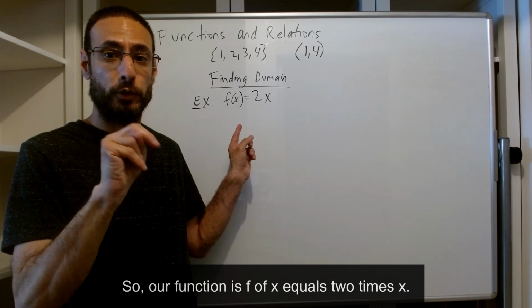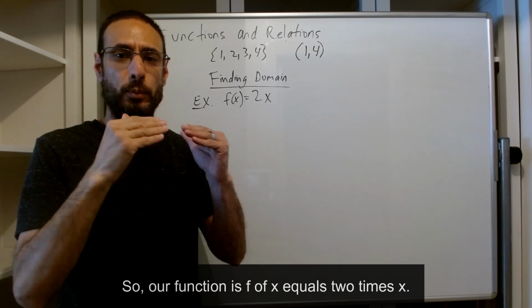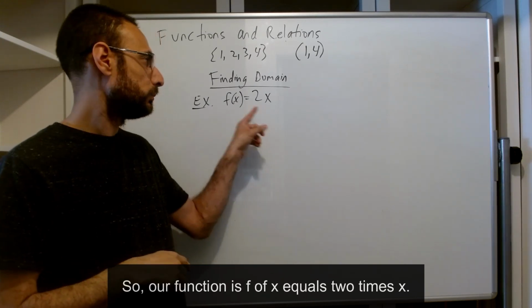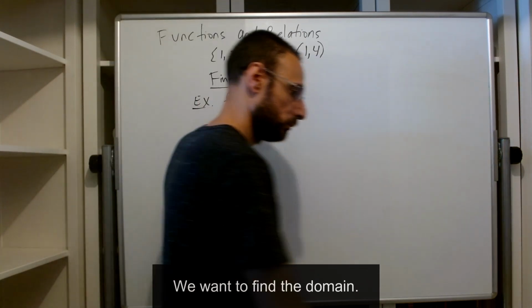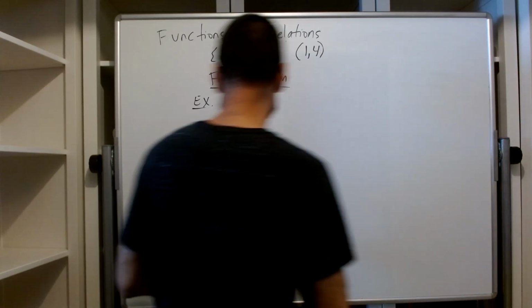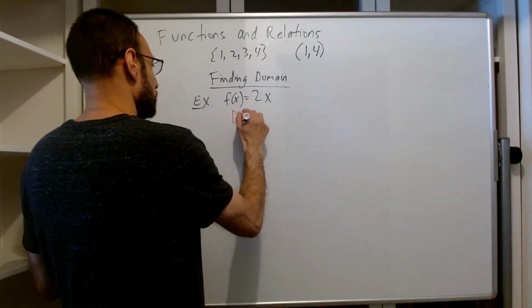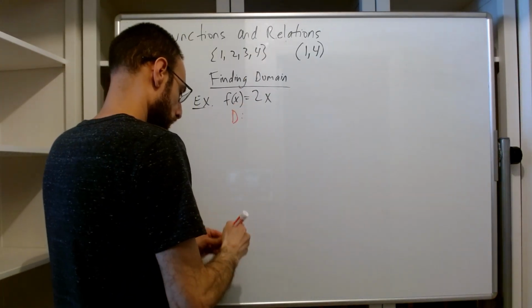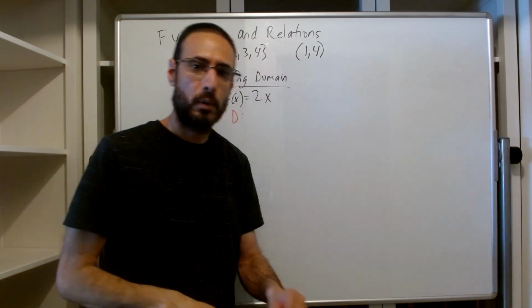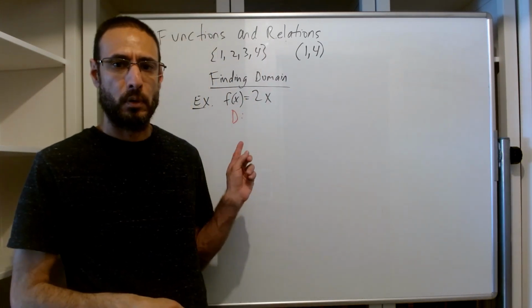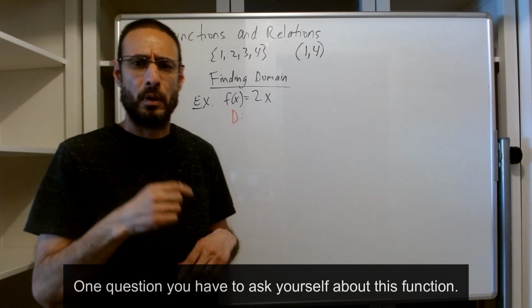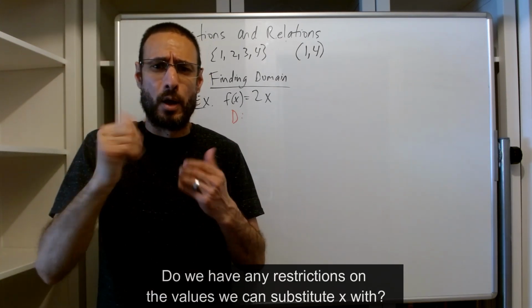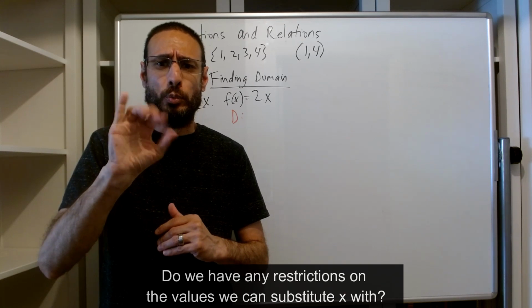So, our function is f of x equals 2 times x. We want to find the domain. One question you have to ask yourself about this function: do we have any restrictions on the values we can substitute x with?